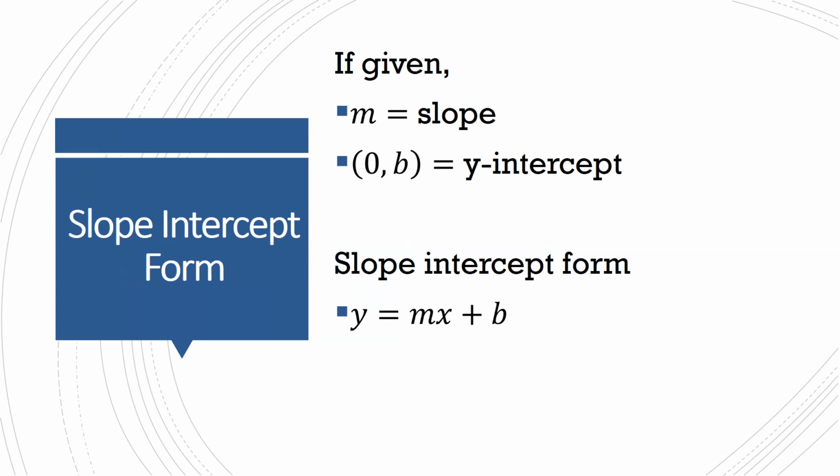Now slope-intercept form comes back into play. We have slope-intercept form of y equals mx plus b. So if I know a specific slope of the line, and if I know the y-intercept of that line, then I can write in the specific slope for m and the specific y-intercept value for b, and all of a sudden I have the equation of a line.